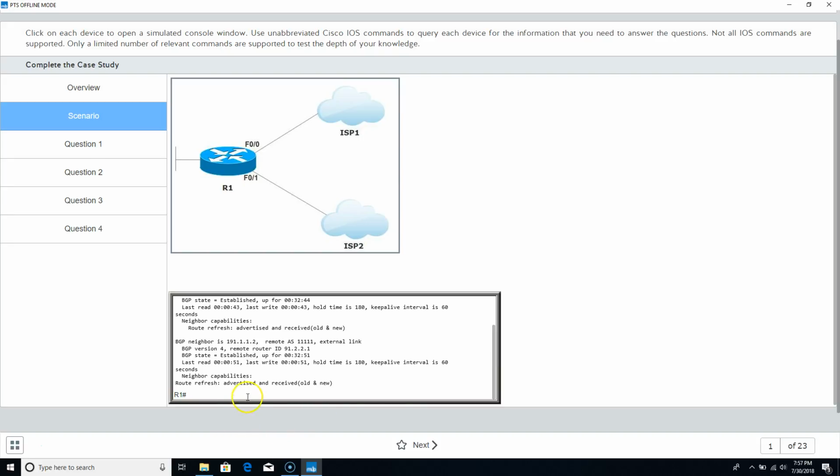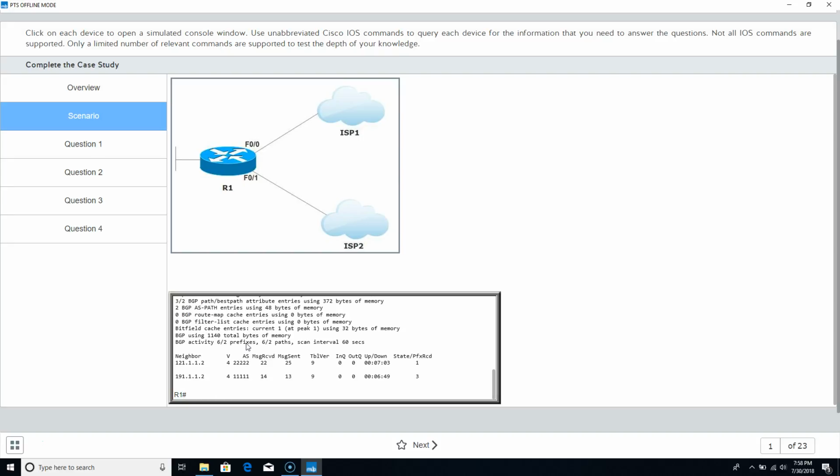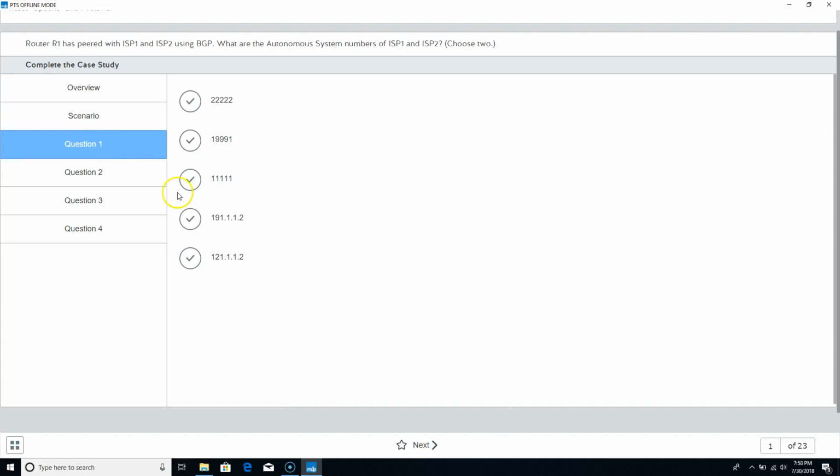Or you can also run this one, show IP BGP summary. I think that's a little bit better. Okay, here you can see the autonomous system. So question 1 is this one and that one.